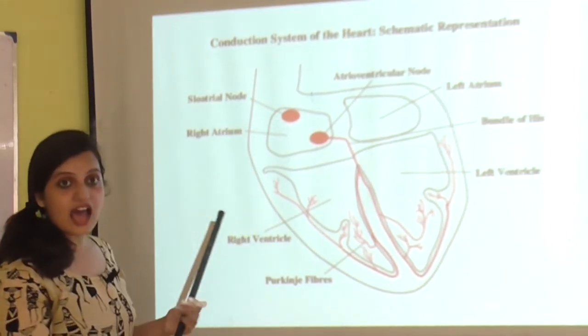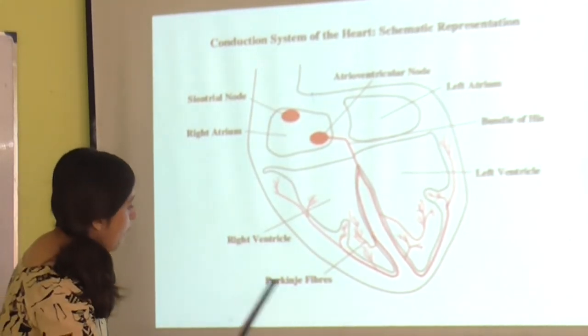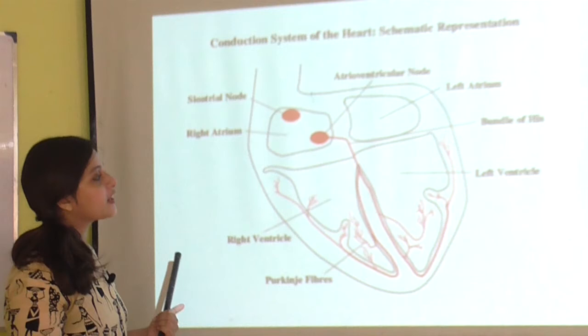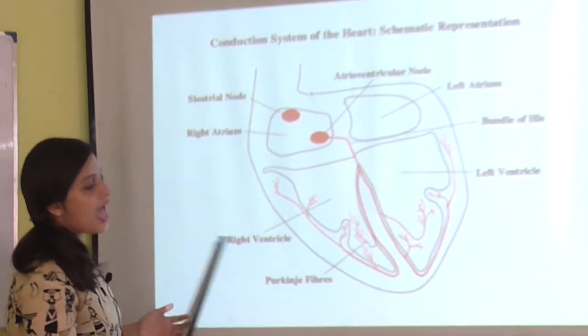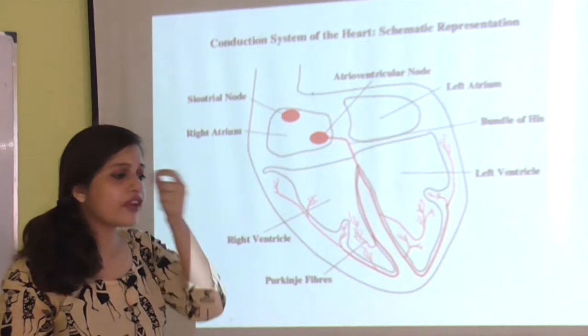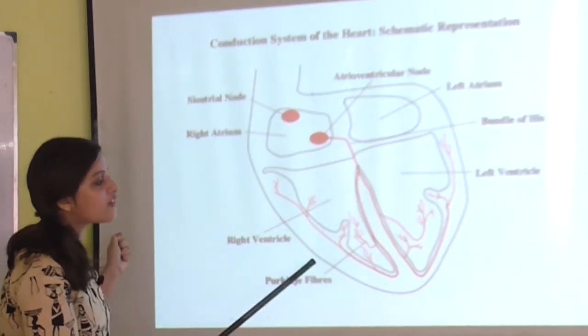The next and last part of this specialized tissue is the Purkinje fiber. Purkinje fibers are present at the end, and they are very fine, very thin threads. What is the work of the Purkinje fiber?